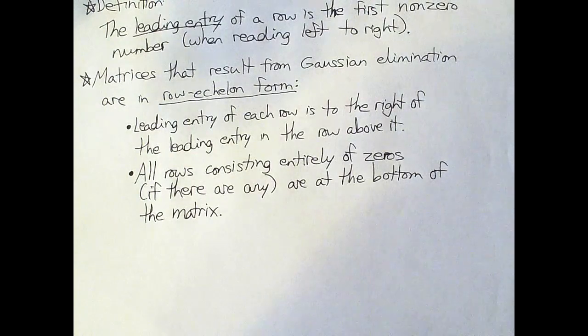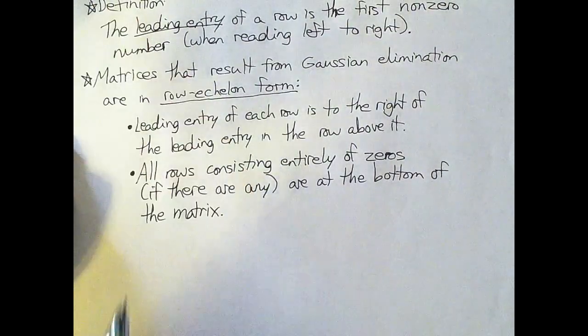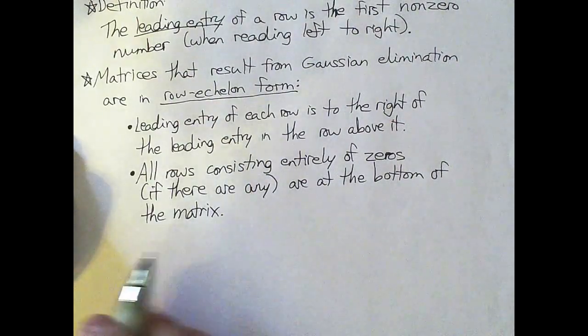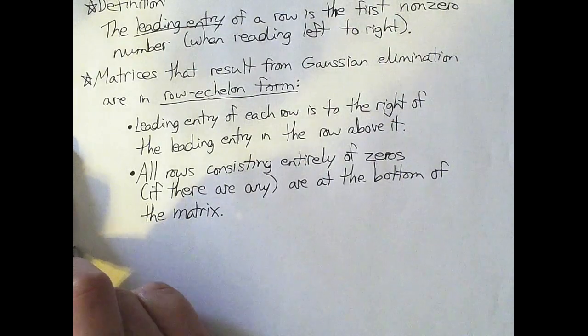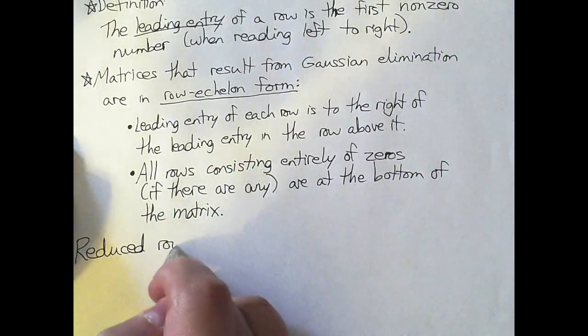And I'd like us to do some more examples. Let's see. I think before we do that, there's something else I want to discuss. So I said that was row echelon form. There's also something called reduced row echelon form.